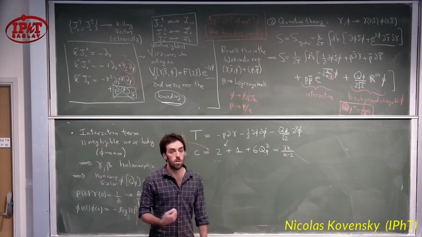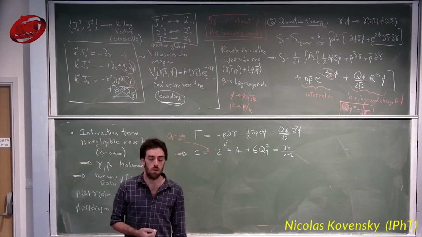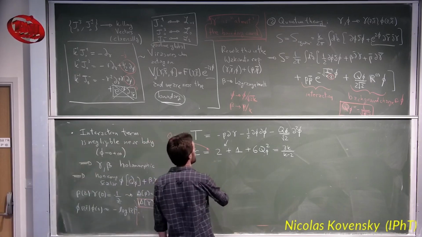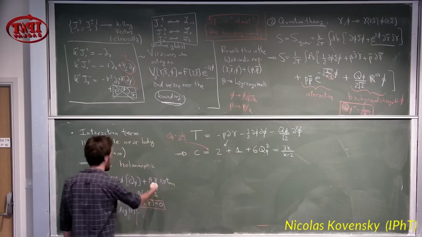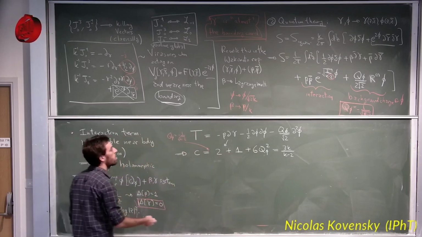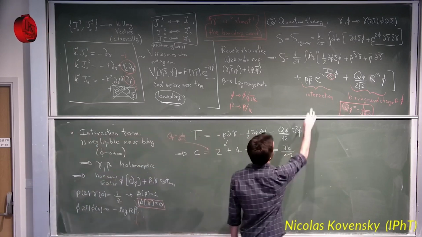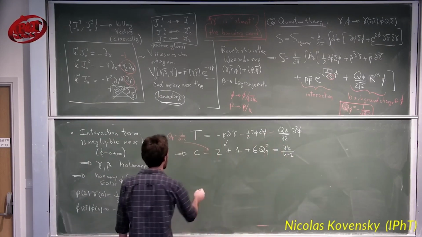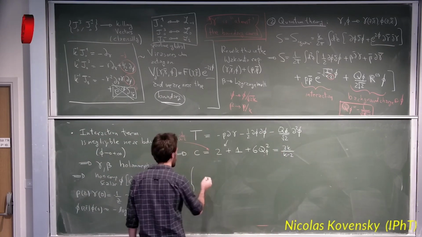But you can also proceed similarly to what we did in the AdS3, which is you don't have to know that this is actually the energy momentum tensor just by looking at the action and the fact that these are canonically normalized fields and so on. You can also use the currents themselves.